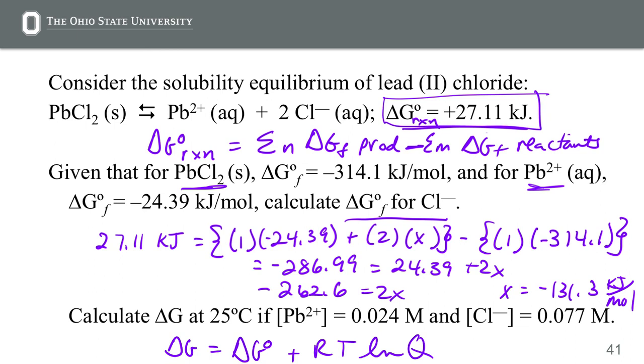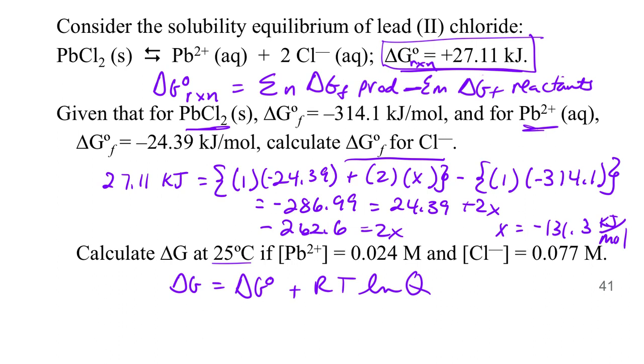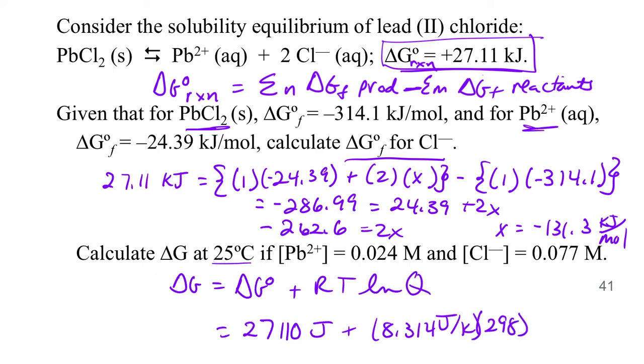R, we know R. We're going to be at 25 Celsius, and we have concentration, so we can figure out Q. All right, so looks like I converted everything to joules this time. I have no consistency there. Guess I don't want to convert R, that makes sense.